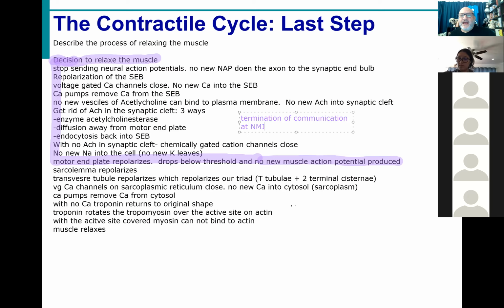If, on the other hand, I ask you to describe the process of termination of excitation contraction coupling, where would you start that essay question? Excellent. We would start where the last one ended, right? No new muscle action potential is produced. And then, of course, where would it stop?